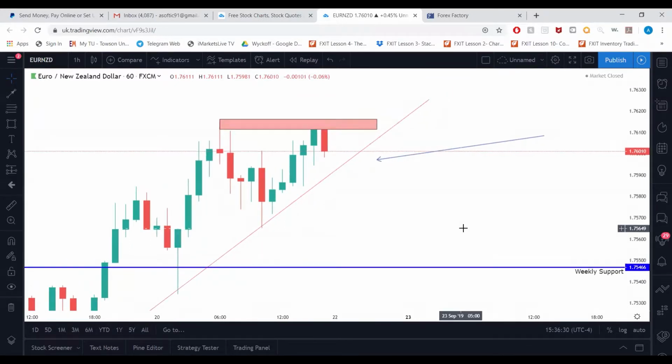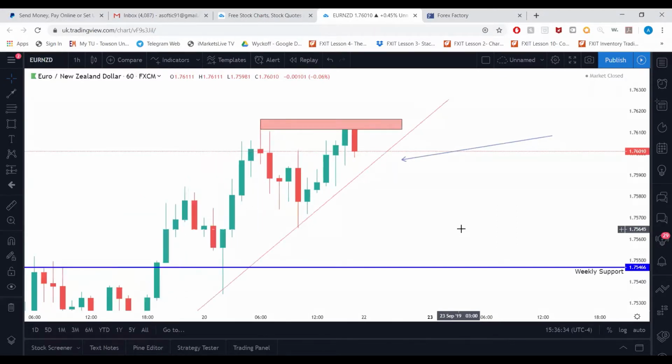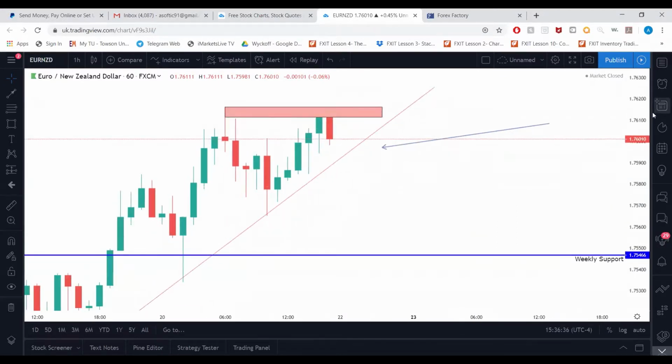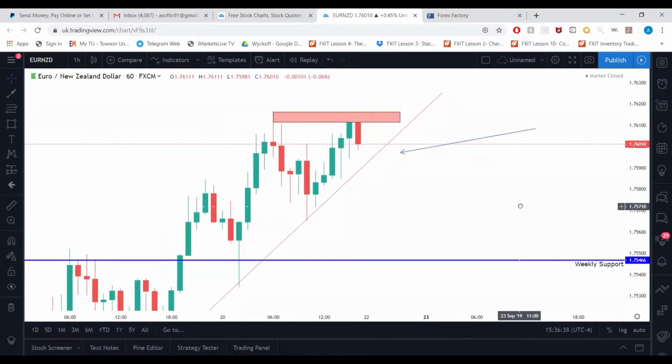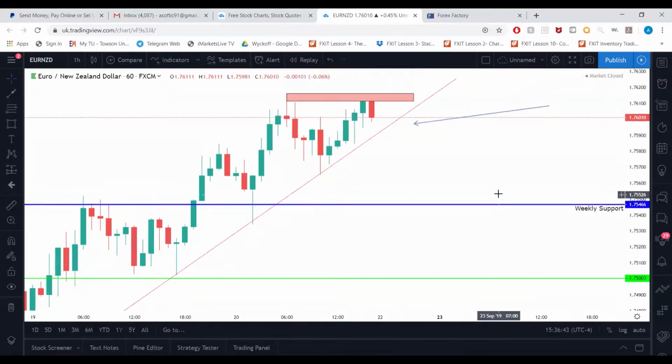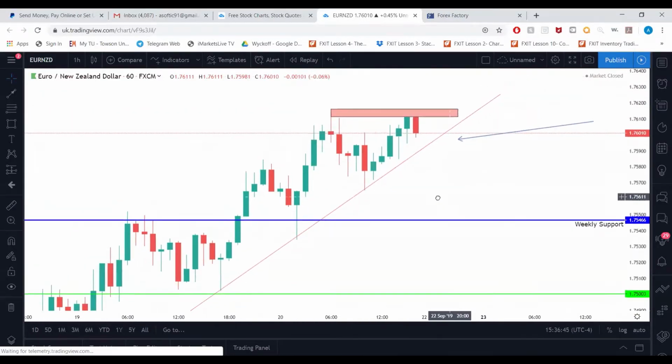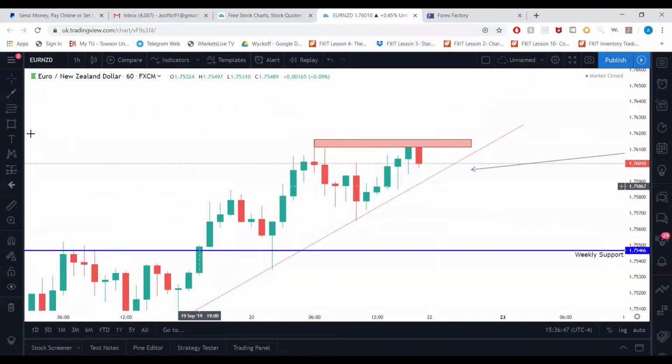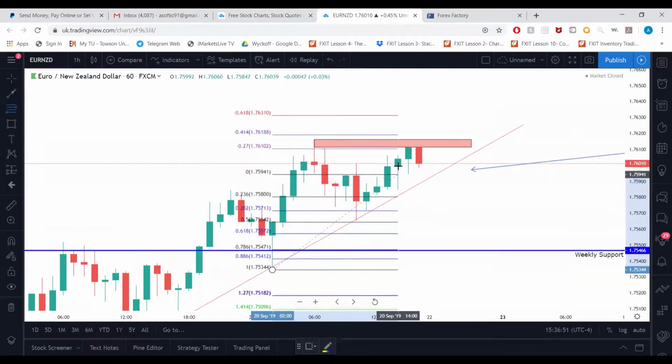We have a question. How exactly do you know where to place the Fibonacci retracement? Good question. So you place it on the beginning of the impulse move till the end of it, right? Here, let's do one example. I'm assuming you joined us a little bit late. Here it is. So this is where the impulse starts, right?